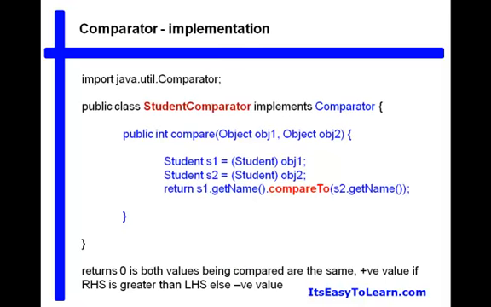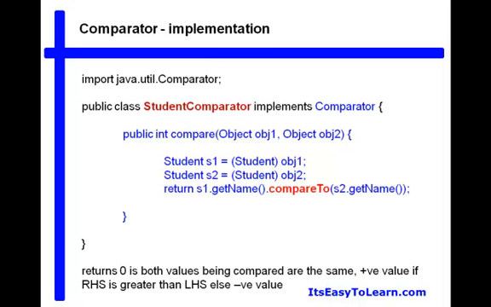For example, if you want to compare the students based on the name, this is how we do a comparator. We say public class student comparator, this is the class which we are writing, implements comparator. Comparator is the interface defined in the Java library JDK. So it has a method called public int compare object1 object2.